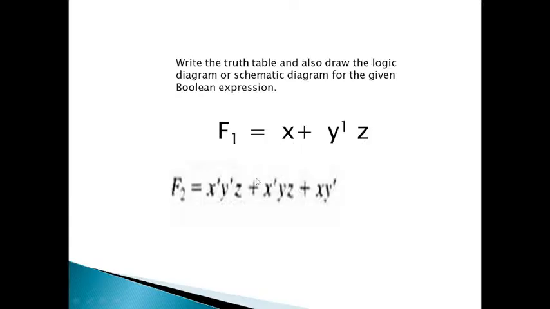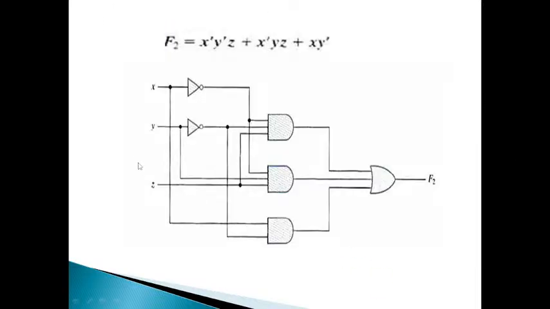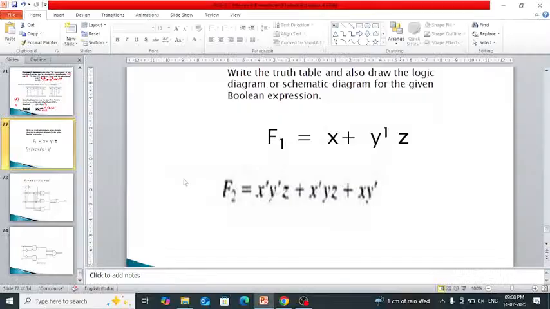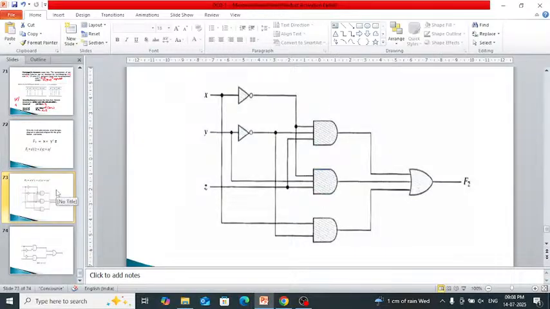But before that we have the inputs as x, y, z. Right? And here we require y complement also. So take the 3 inputs x, y, z. Here I didn't mention the logic diagram also. So first of all, take the x, y, z inputs. Then take the inverter for the y only.